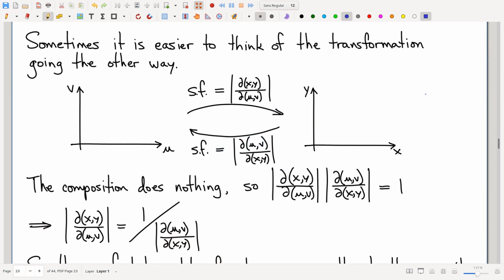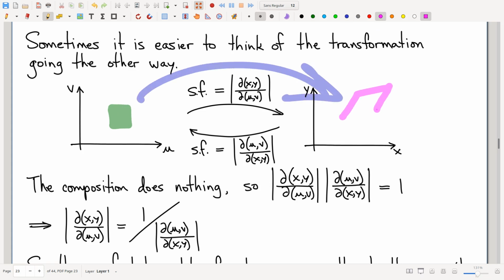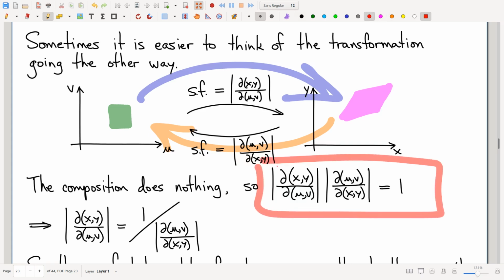The reason these are reciprocals of each other is because if I take a little piece of area over here, and if I look at its image, whatever that image is, some wacky shape, and then I go back the other direction. After all, these functions have to be invertible. Whatever I put in, if I go over and then come back, I get the exact same thing. So doing the one stretching factor and then subsequently doing the other stretching factor results in nothing happening, right?